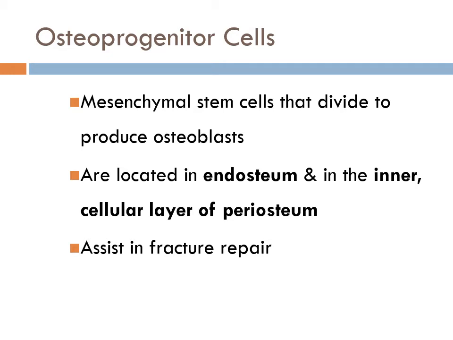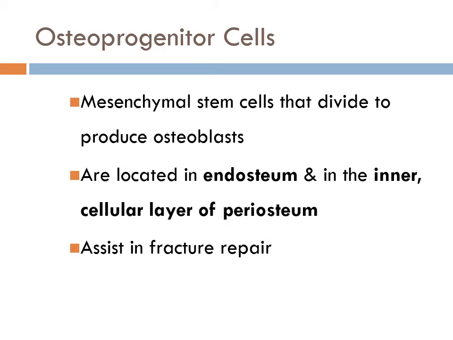Osteoprogenitor cells are our mesenchymal cells. Mesenchymal cells are also called stem cells, and they divide to produce additional osteoblasts. We find osteoprogenitor cells in the endosteum, the inner lining of the bone, and the cellular layer of the periosteum. So the periosteum is around the outside of bone, and the endosteum lines the central canals.